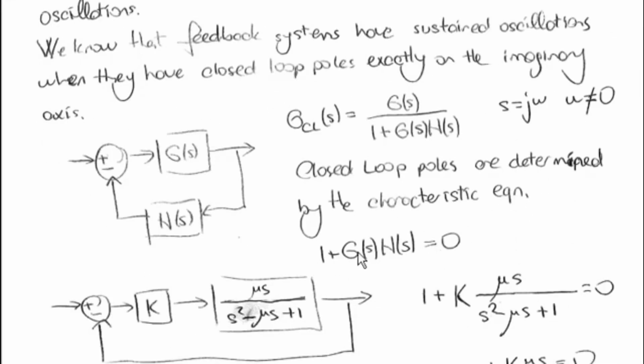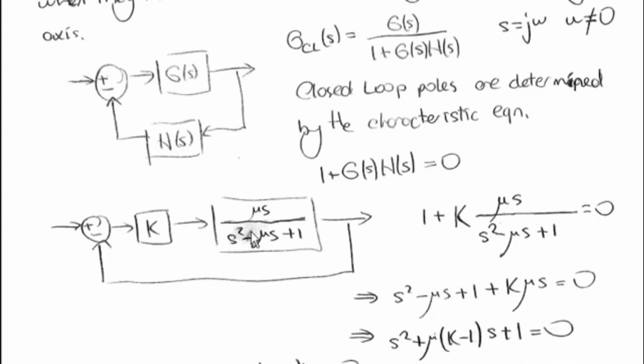The closed loop poles of this transfer function are described by the denominator here, which gives me the characteristic equation 1 plus G of s H of s equals 0. Any solution of this equation would be a closed loop pole, and since we would like to have closed loop poles on the imaginary axis, we substitute s equals j omega here, and then we try to solve for omega. So this is my equivalent linearized system now.